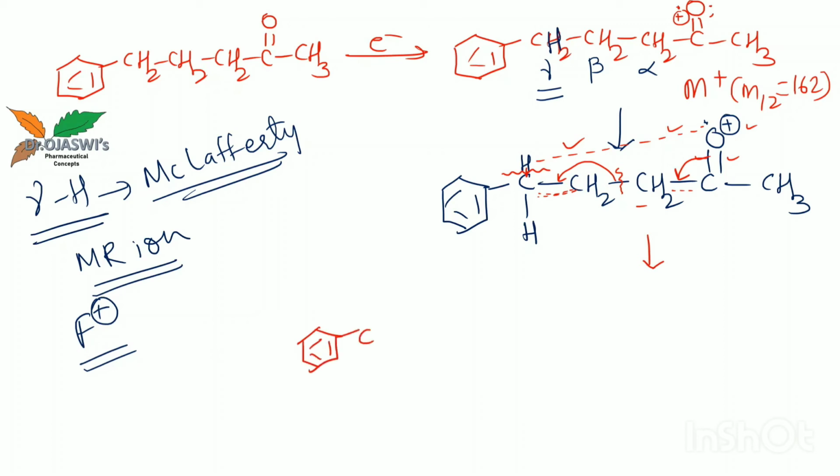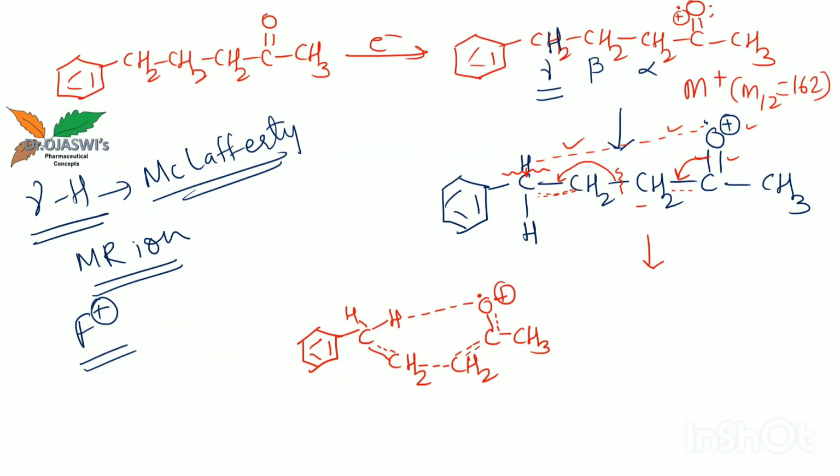So this is CH, this is H, CH2, CH2, C, CH3, oxygen, with this electron. So this bond is forming, this bond will go away, a double bond will be here, this bond will be broken, and one more bond will be formed here.